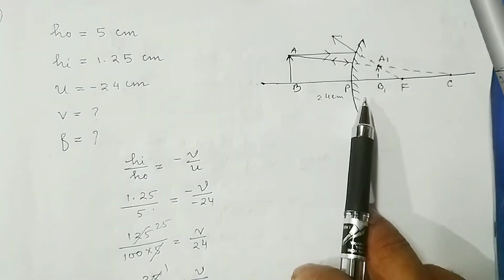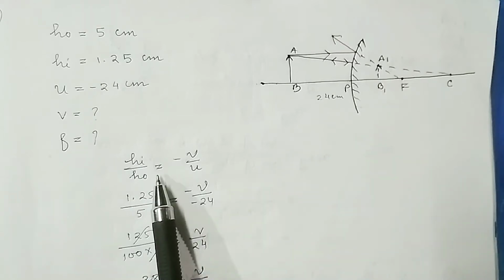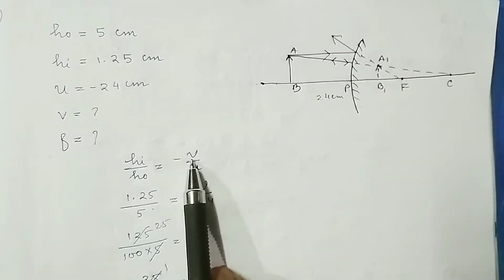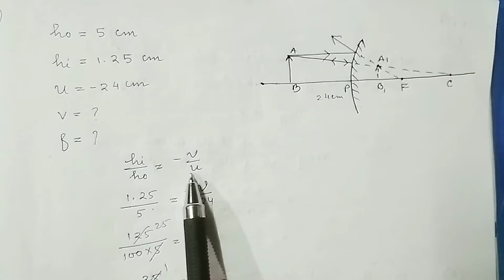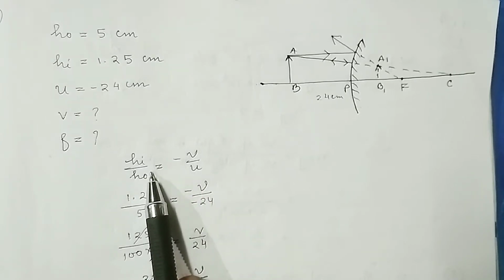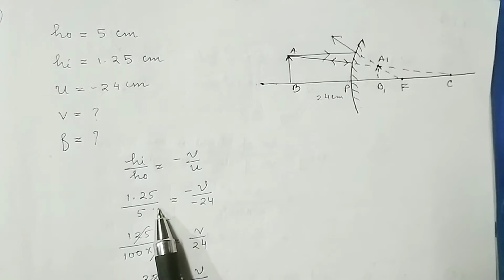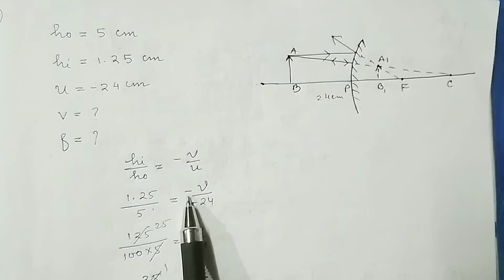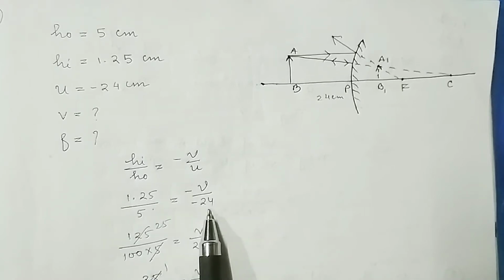In case of a spherical mirror, the magnification formula is hi by h0 equals minus v by u. This formula is applicable for both convex and concave mirrors. Now the height of the image is 1.25 centimeter, the height of the object is 5 centimeter, equals minus v by u, and u is minus 24.